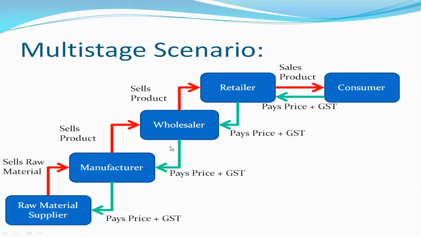So for this transaction, manufacturer to wholesaler, wholesaler is a buyer, so it pays GST. And in this transaction, wholesaler to retailer, wholesaler becomes seller, right? So you understand who pays GST and how this multi-stage scenario occurs. This is just an example. You may have many more such examples in real life, right?